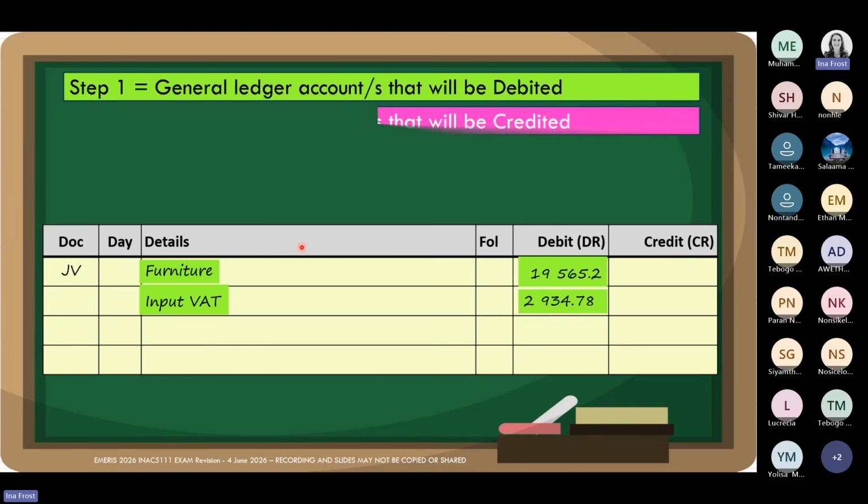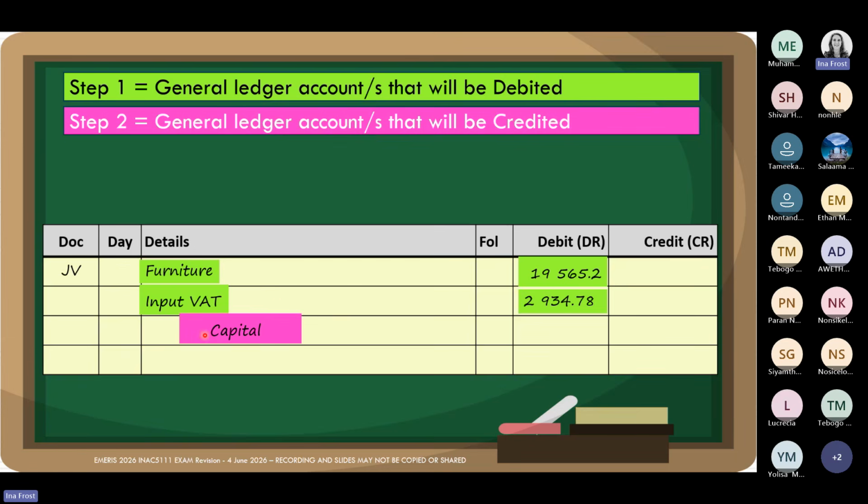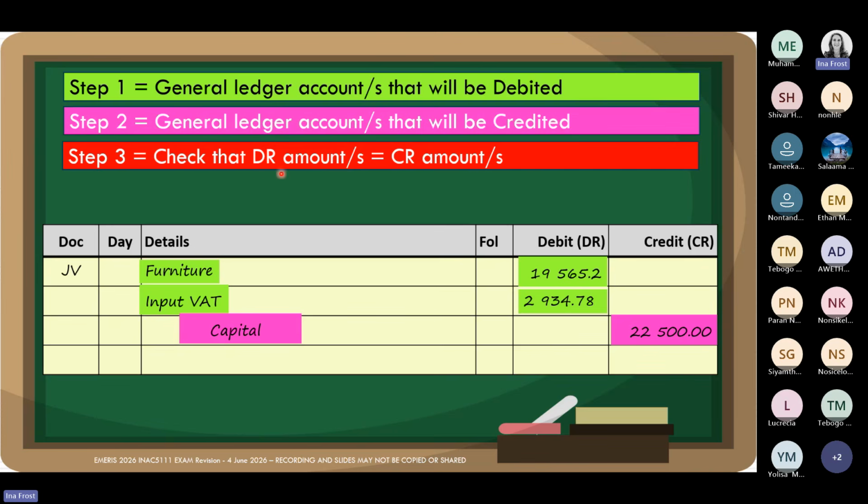Step number 2 says, write down the general ledger account or accounts that you will be crediting. So in our example, we're crediting capital. So I'm writing down the general ledger account name. And how do I show that I'm going to credit it? By putting it over here in the credit column. Then step number 3 says, check that your debit and credit amounts are equal.